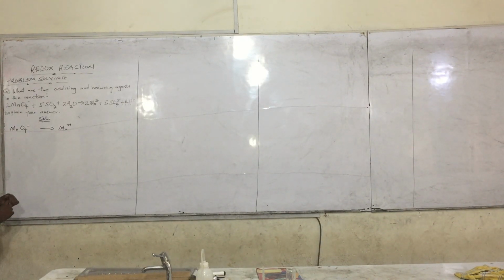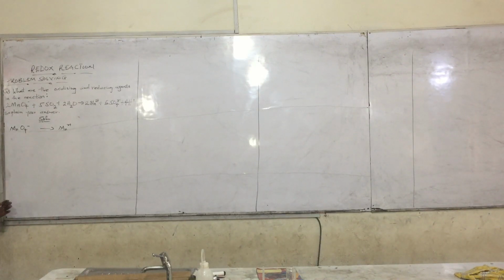Now we have to consider this under oxidation numbers, that is the effect of oxidation numbers, and how to identify reducing agents based on the concept of oxidation numbers. So here we are going to look at the calculation of the oxidation numbers.